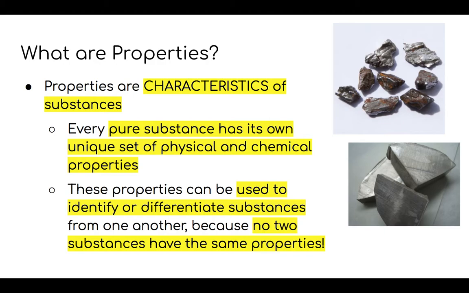For that reason, based on that uniqueness of their properties, we can use a substance's properties in order to identify or differentiate substances. Meaning, if I have an unknown substance, by testing and collecting data on its properties, I can either identify what that substance is, or I can tell apart whether two substances are the same or different.